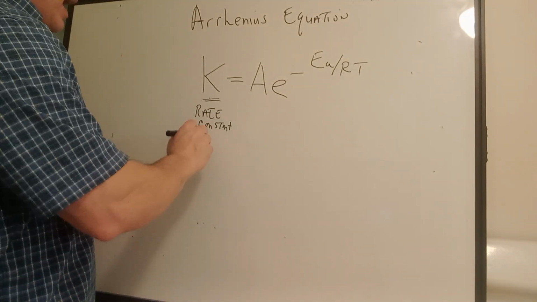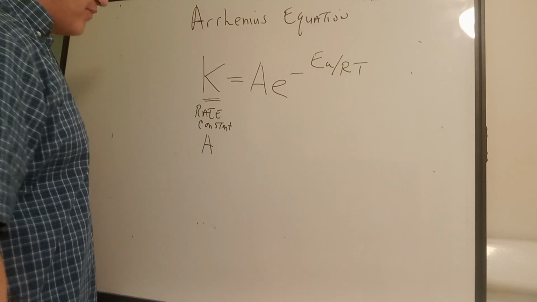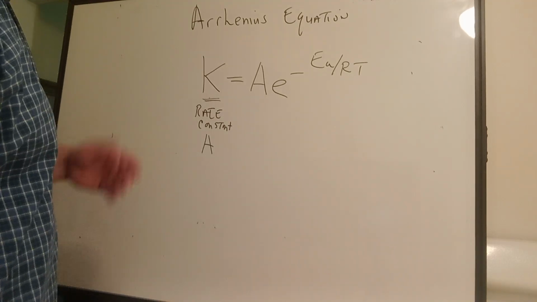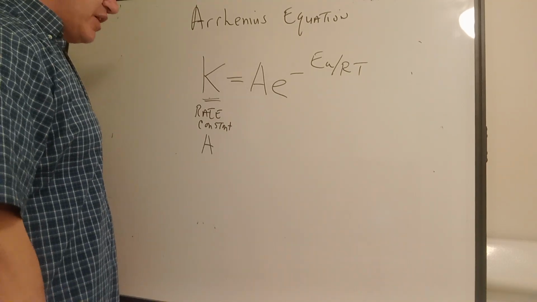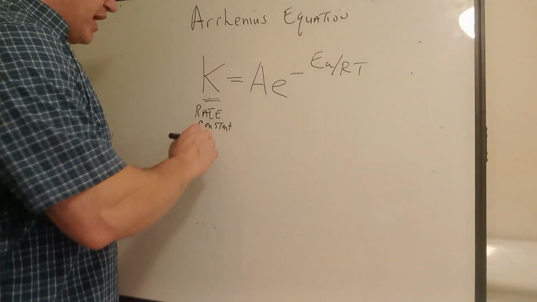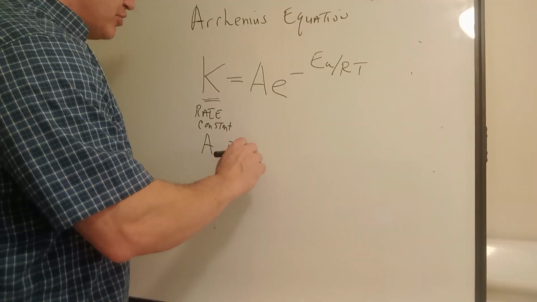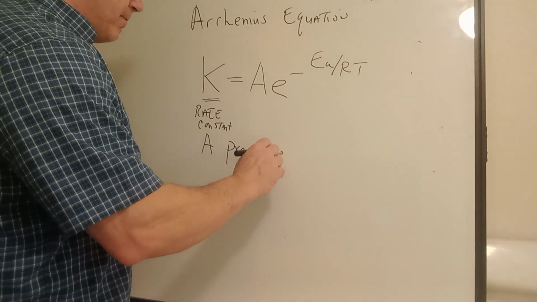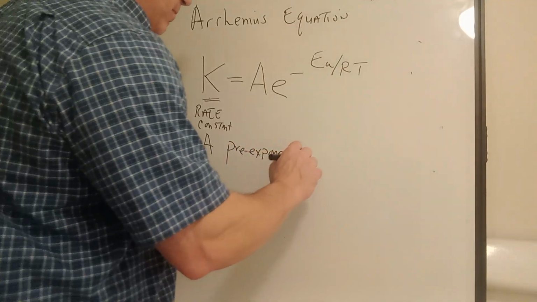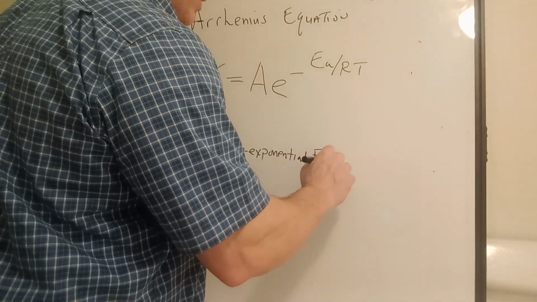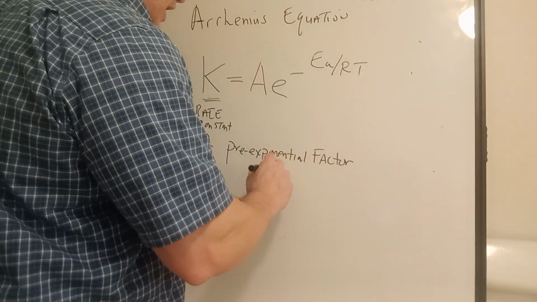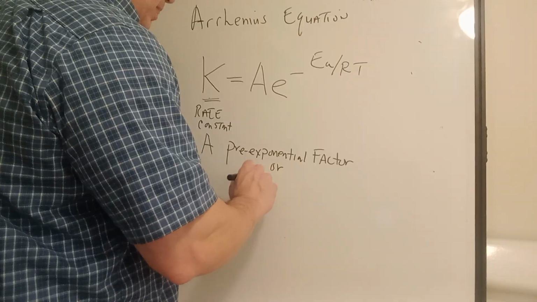Here at A, we've been using A a lot for concentrations, for identities of particular chemical species. Here, A does not mean that. A is what's called the pre-exponential factor. Or it's also called, both names are used commonly, the frequency factor.